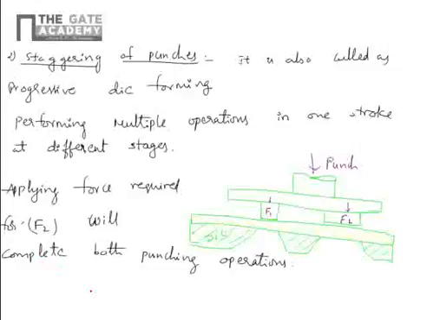Next, question number 8. The force required in a blanking operation of low carbon steel: blanking force FB equals 5 kilonewton.